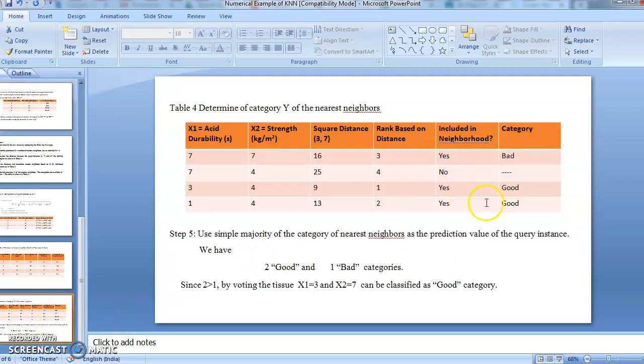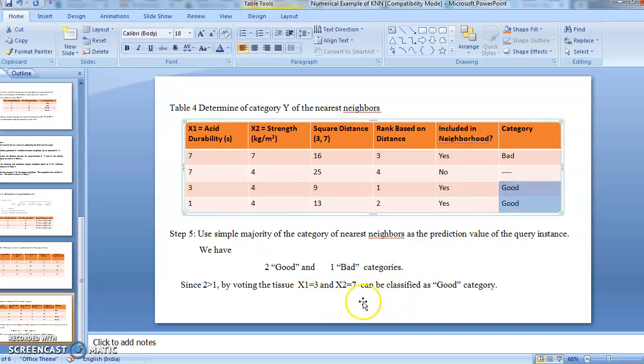And after category, find the majority of the category. Suppose the major votes belong to one particular class, then the new data point belongs to that class. Here the major vote belongs to the class good, so that's why our x1 and x2, that is 3 and 7, belongs to the good category.